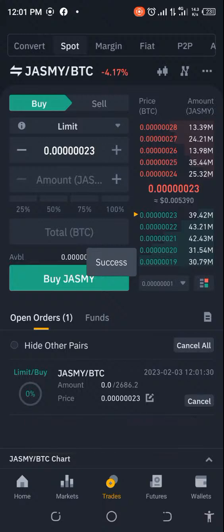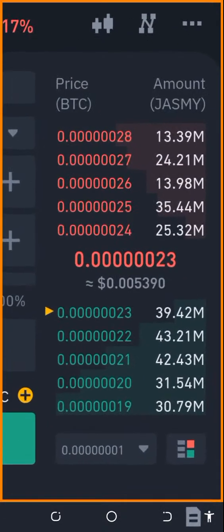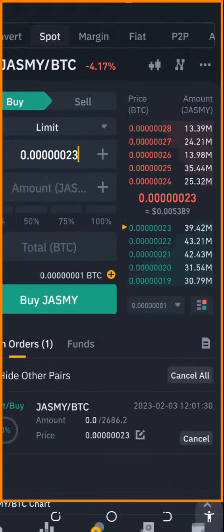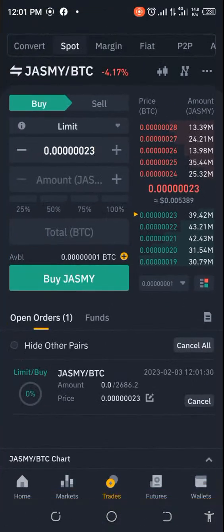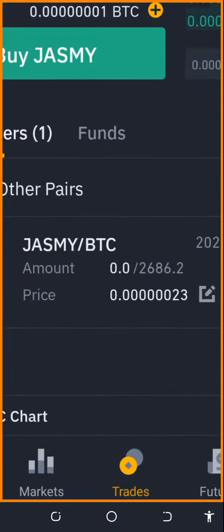So right now we're in the queue, and we're going to be checking to see when our order will be sold. This might take not so long, it may take long, we don't know, but currently we're in the queue.